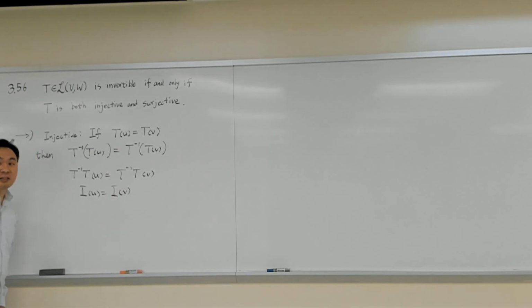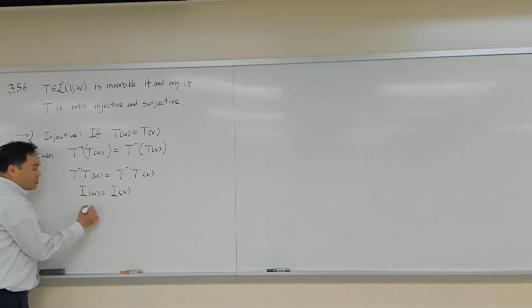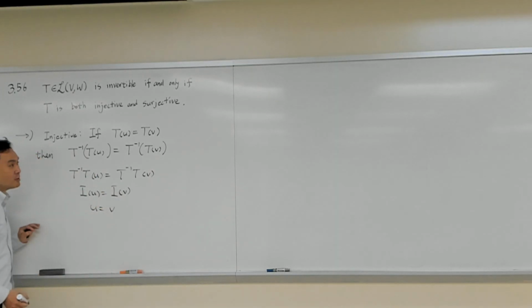And what does identity mean? It means that you just get back whatever you plugged in. So identity applied to U is just U, identity applied to V is just V, okay? So that's what you get.